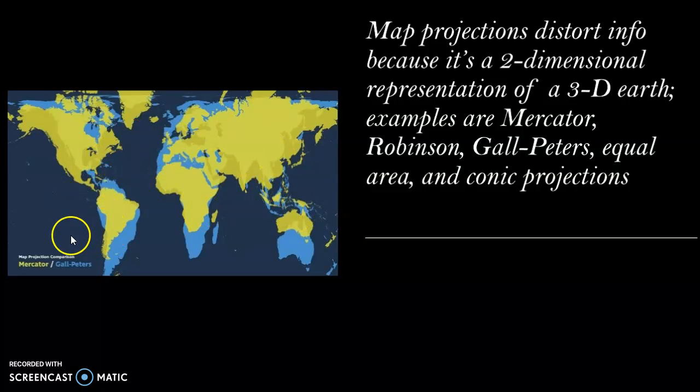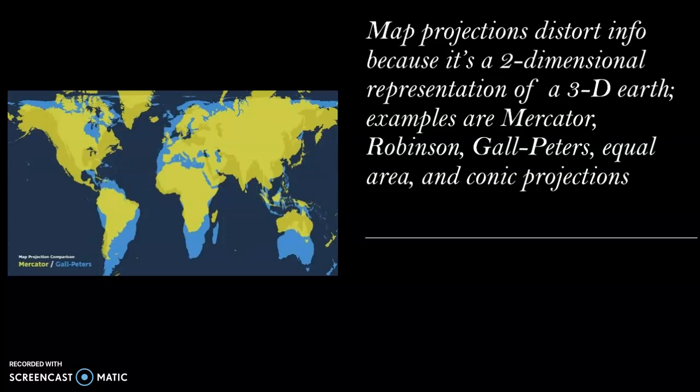And on this image, you see Mercator, which is in yellow, and then the Gall-Peters, which is in blue. And you can see that although both map projections are showing the same exact continents on the Earth, they are not equivalent to each other, and neither of them are accurate.